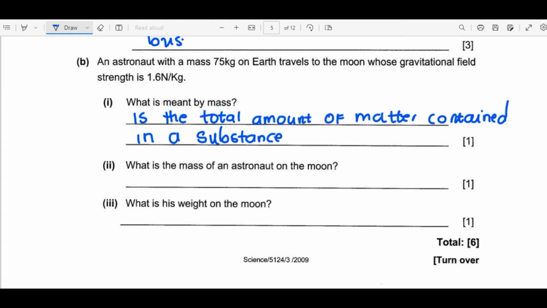Or sometimes you can define this as the total amount of matter or material, so the concept is still the same.